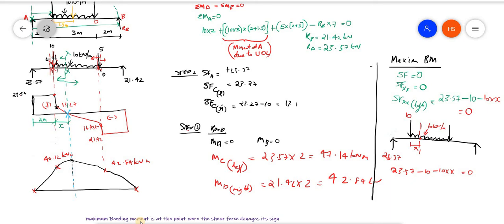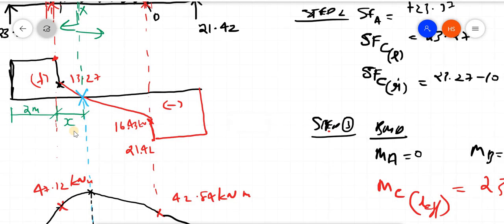That is, X value is equal to 1.357. So from that we have obtained, that is here. So this is the point where the shear force is 0 and the value we obtained is 1.37.